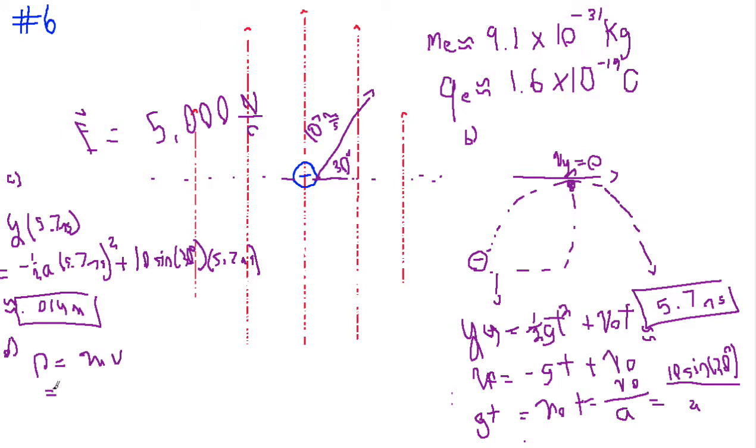So we know the mass here, that's going to be 9.1 times 10 to the negative 31 kilograms, times its velocity, which is just going to be 10 cosine 30 degrees. And that ends up being approximately 7.9 times 10 to the negative 24 kilogram meters per second.